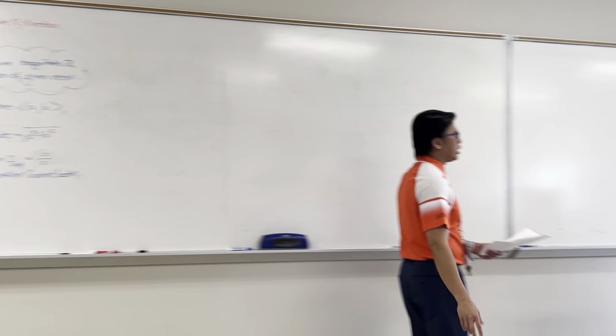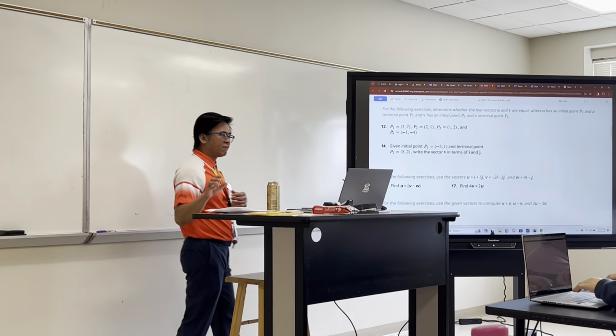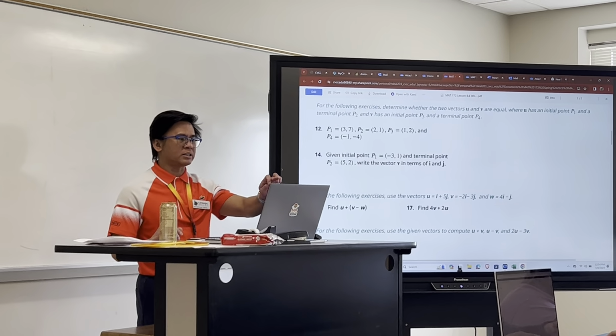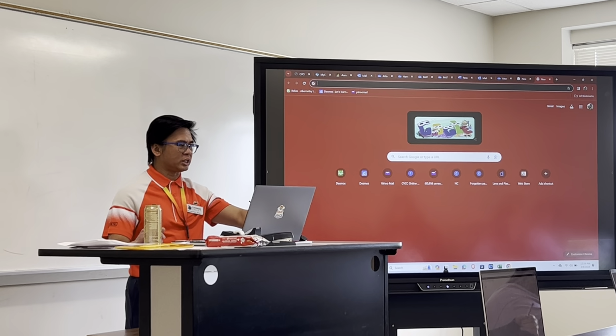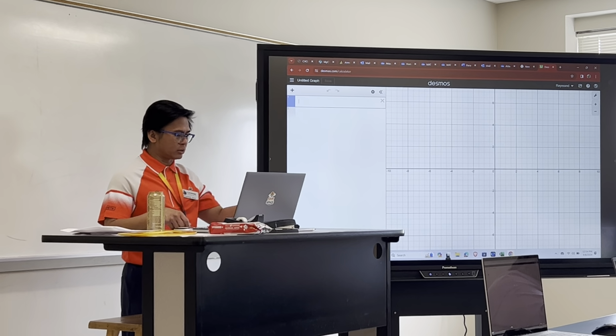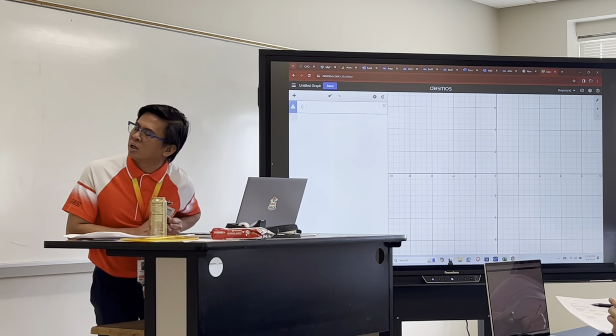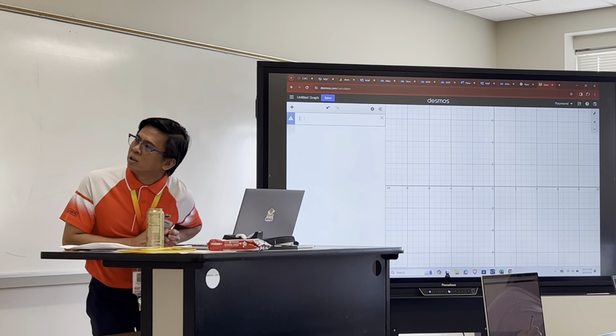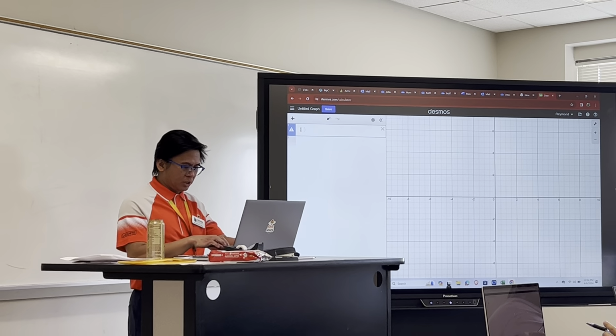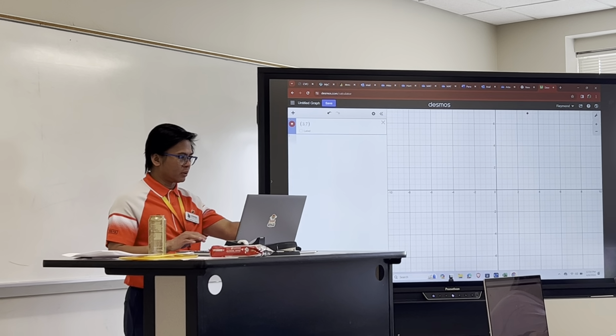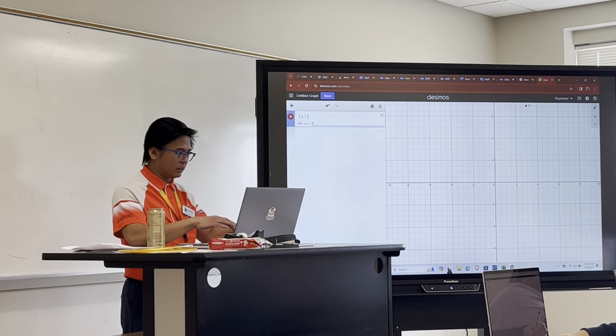So how do we see this vector now, okay? So here it is. I'm going to plot those 2 points in here first and see how it looks. The first point is what again? 3, 7, right? So 3, 7. Let's call it P1.